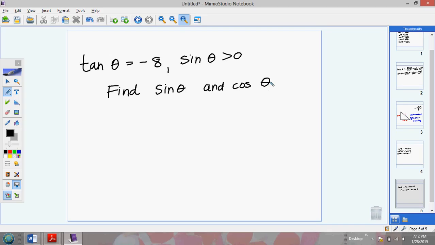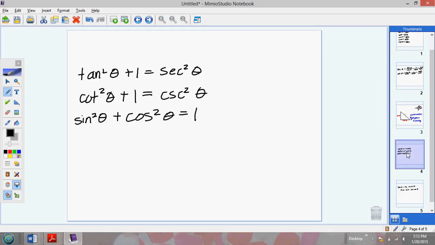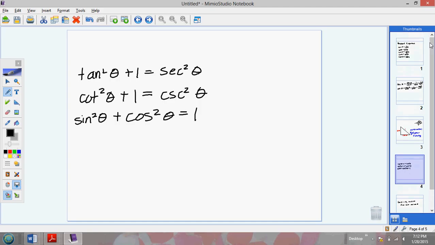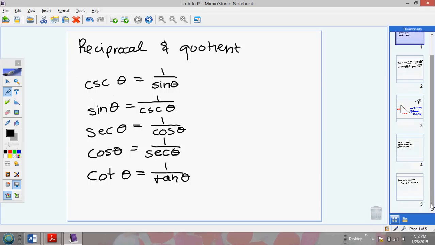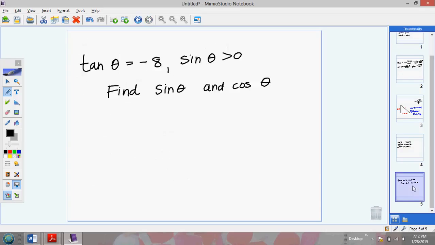So let's go back to that last page and look at those identities for a second. Which one do you want to use? Well, I have a tangent, and I need to find sine and cosine. We know from our original set of identities that these are all related, so we want to pick the one that gives us tangent so that we can find another one.